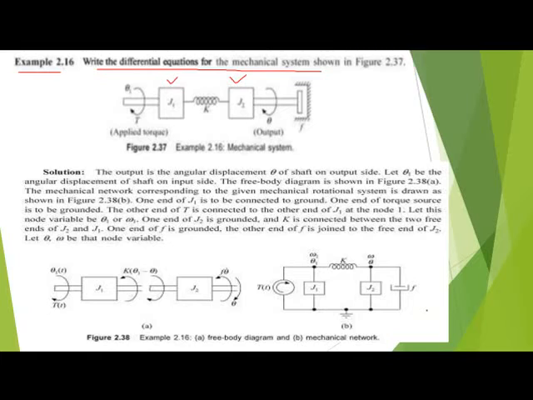Similarly for the moment of inertia J2, the square box is connected to the shaft, with the output angular displacement at one end. The clockwise direction is K times theta minus theta 1, and the anti-clockwise direction is due to the damper element, F into d theta by dt.